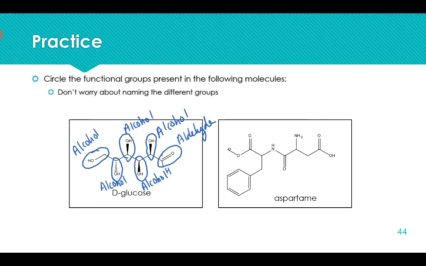In aspartame, which is an artificial sweetener, we have this carbon, which has a double bonded O, but that's also attached to this O. And so that is an ester. This C double bonded O is also attached to that nitrogen. And so that's an amide.